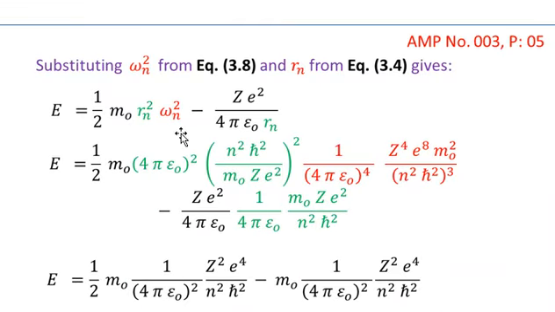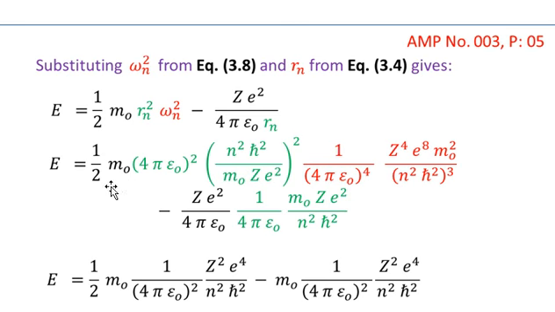You see that I have labeled omega n square with the red font and Rn with a green font, so that I can substitute the values and you can see. In the first term I have half m naught, Rn square shown in green, omega n square shown in red, and minus Z square e square over 4 pi epsilon naught, and again Rn. So the green value stands for the value of Rn and the red value stands for the value of omega n.